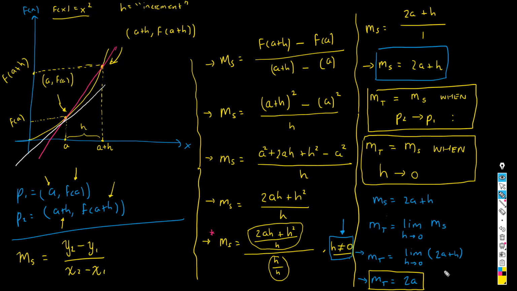So for our particular point, which is 1, 1, let's put it over here. This is my original point. All I need to do is replace this number, the x number, the independent variable, in here, and I'm done. So basically, I'm going to conclude over here.